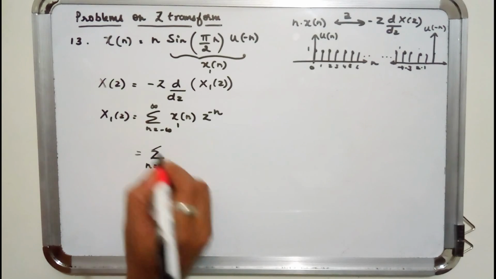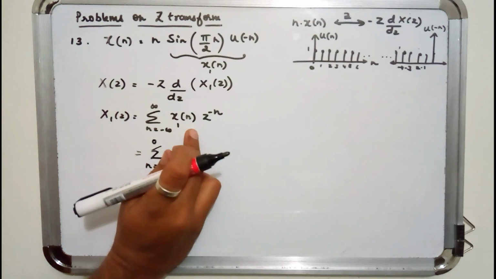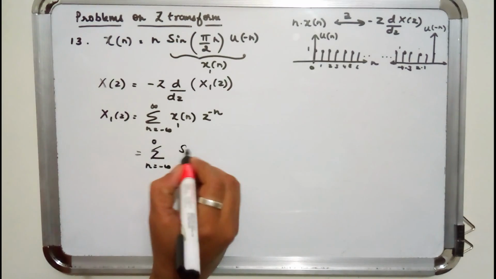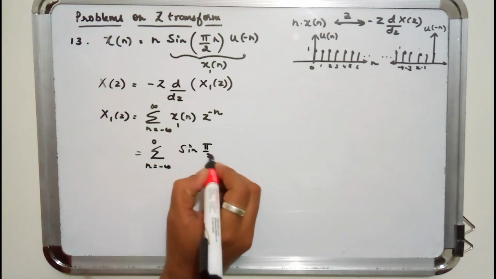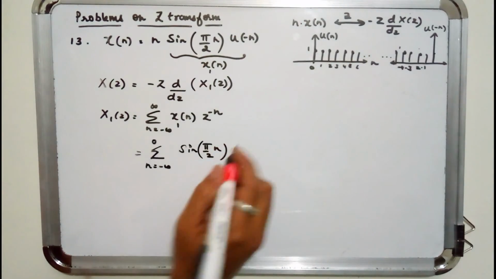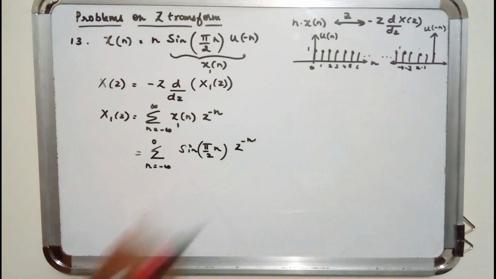So minus infinity to 0, and in that range, what is my x1 of n? It is sine pi by 2n. What is u of minus n in that range? Its amplitude is 1, so I need not worry about it. So z power minus n.